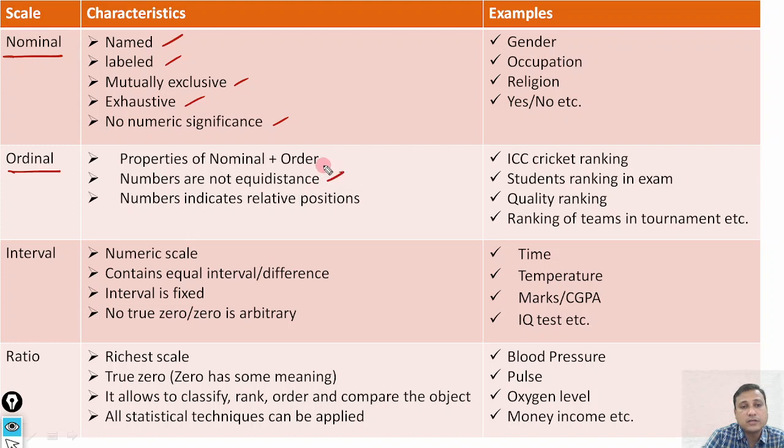Numbers are not equidistant. Numbers indicate relative positions. Fine. Numbers not being equidistant means that between first, second and third there is no equal distance. Here are examples like ICC cricket ranking, student ranking, quality ranking or ranking of teams in a tournament. They are examples of ordinal data.